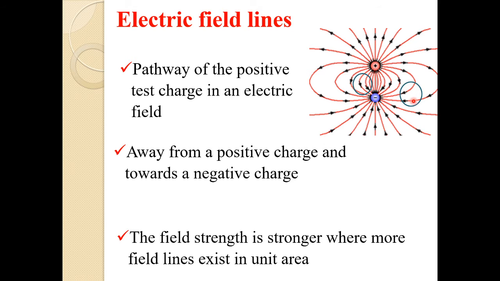Here the number of field lines enclosed is 2, here about 3 to 4, right? So by looking at the number of field lines enclosed, we can say that this area is a stronger field, and this area is weaker, as the number of field lines enclosed is less.